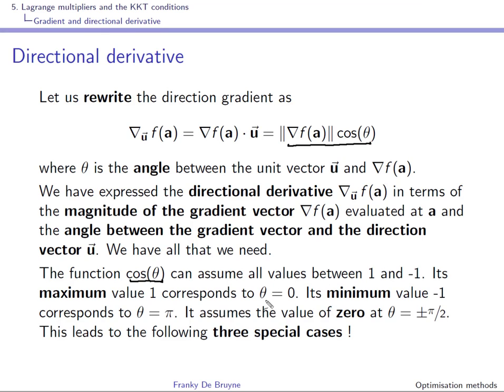Theta is equal to 0 corresponds to cosine theta is equal to 1. Theta is equal to pi. This corresponds to cosine theta is equal to -1, and then we'll consider the case where theta is plus minus pi over 2, and this corresponds to cosine theta is equal to 0.